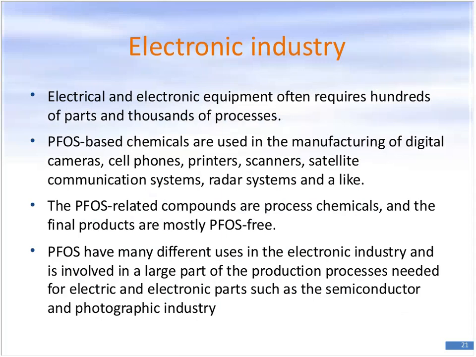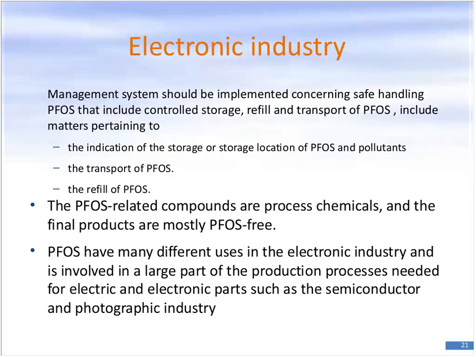PFOS-related compounds are processed chemically, and the final products are usually PFOS-free. PFOS has many uses in the electronic industry and is involved in a large part of the production processes needed for certain parts, such as the semiconductors and the photographic industry.